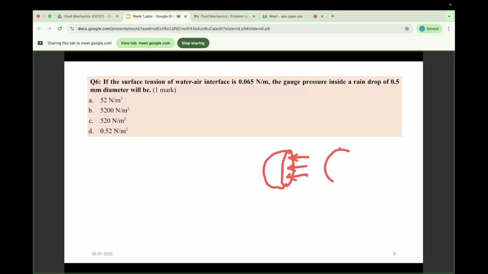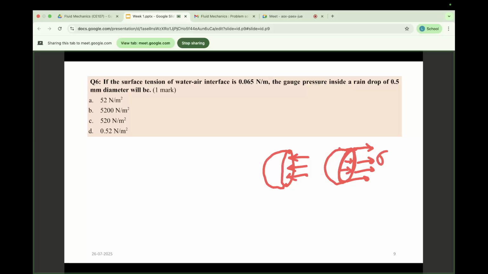And what is the surface tension force? We know that the surface tension force always acts on the surface. Here it is the circular surface, so this surface tension force will act like that.